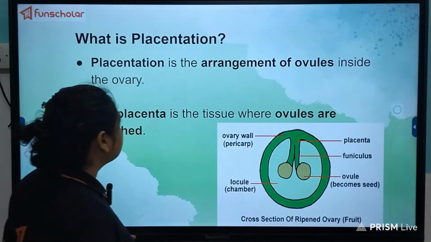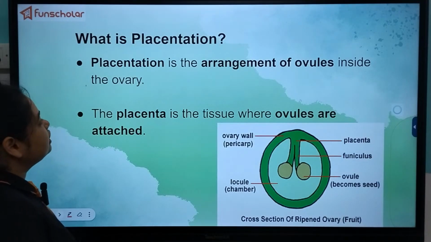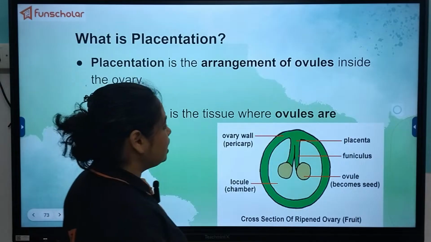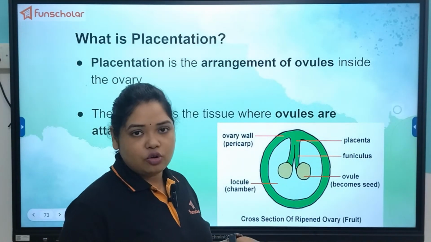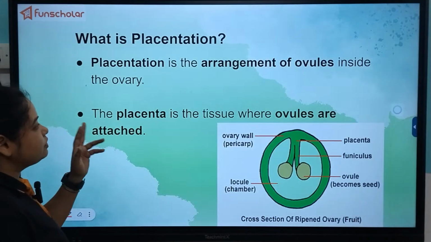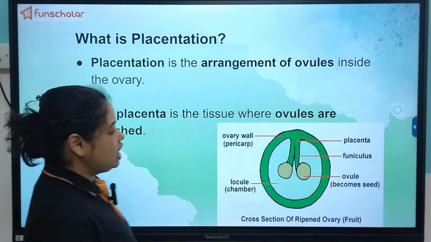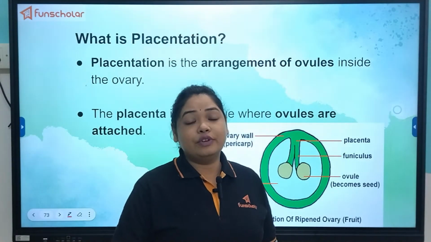Similarly, in the case of plants also, placenta is the tissue which acts as the connection between the ovary and the ovules, and placentation is the arrangement of ovules in the ovary. That is, how ovules are arranged inside the ovary chamber.